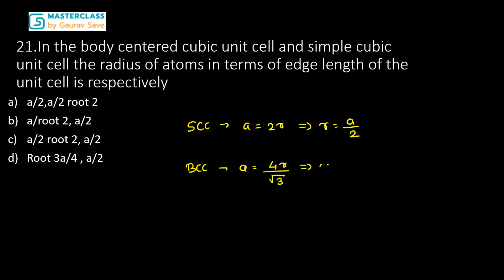So now again they are asking us about radius. So radius will become root 3a upon 4. First option is a by root 2, but a upon 2 root 2 is not the correct answer. First, they are asking us about body centered, guys, BCC unit cell. So for BCC, correct answer is root 3a/4, which is only present in fourth option, option D. So option D is the correct answer.